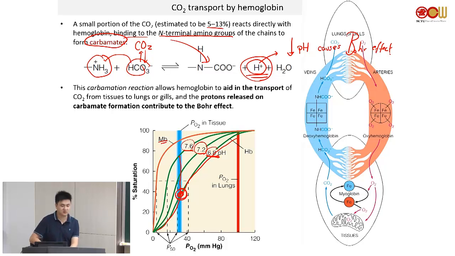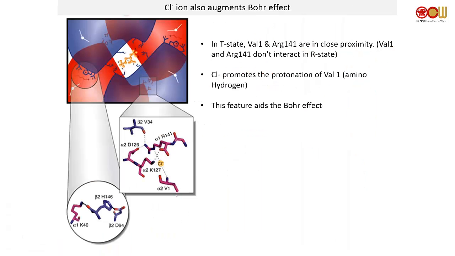CO2 also increases the proton around your tissue, and your tissue also generates protons because it may produce lactate and things like that. As a result, your proton will cause the Bohr effect, which essentially is saying your T state will be stabilized. If T state is stabilized, then hemoglobin does not like to bind O2. Therefore, it releases O2.